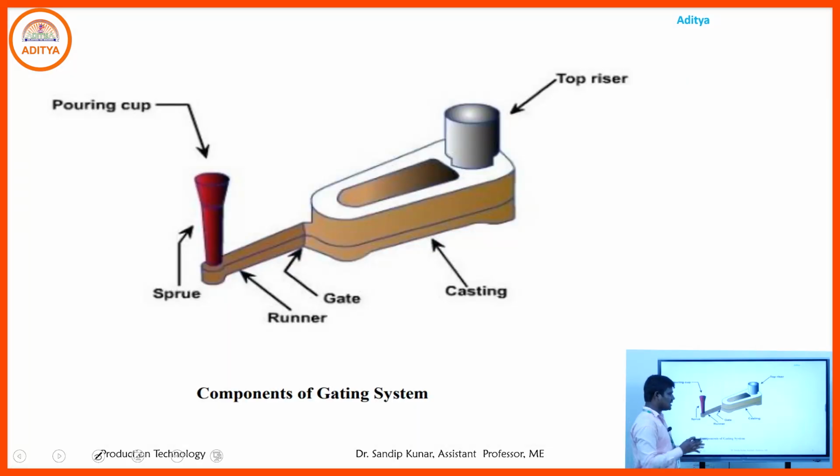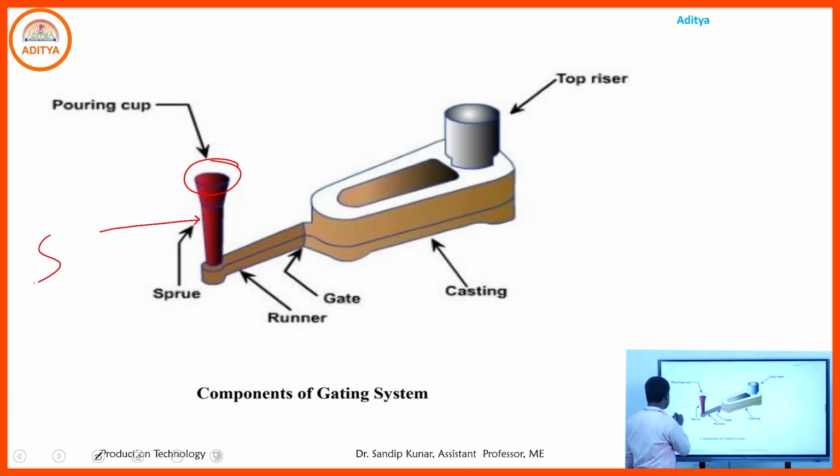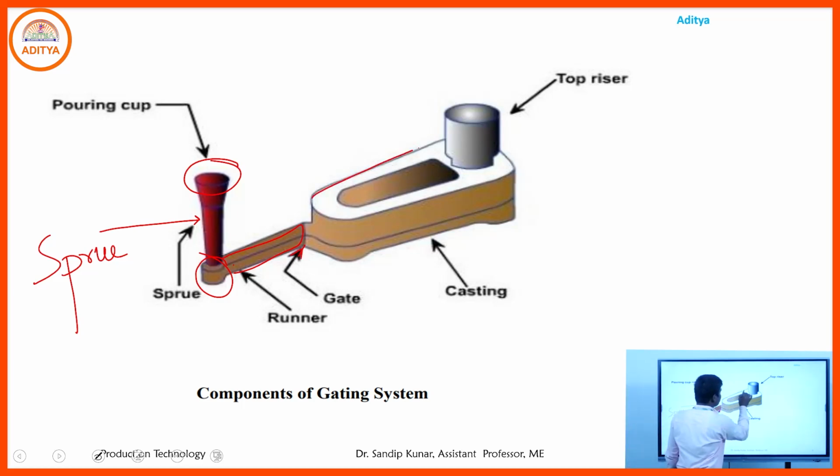Now, this is a schematic diagram of the gating system. We see the pouring cup through which we pour the molten metal, and in that portion is the sprue. After that, the part is the runner. In that portion, the gate is the entrance of the molten metal, and that is the casting, the mold cavity we have generated, the shape we require after casting.